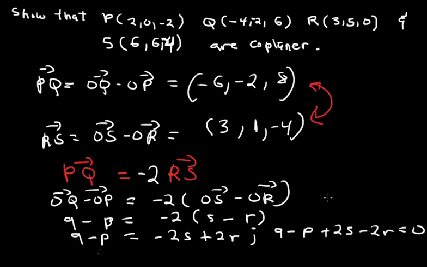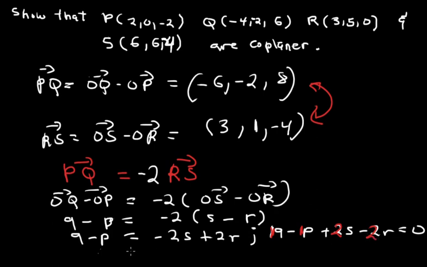Now per the theorem, remember there is 1 in front of the Q, there is 1 over here, don't forget, and there's also 1 over here. We have 2 over here and -2 over here being our scalars.